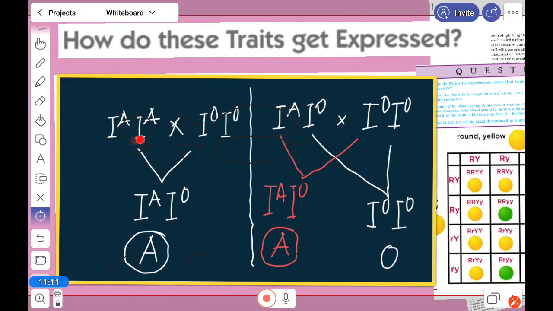Look at this case: when A is pure and combined with O, it is not possible for the next generation to be O group. It will be A group, the hybrid type.